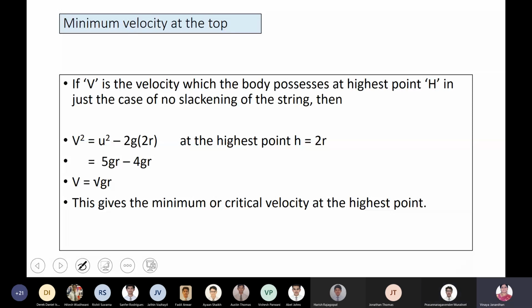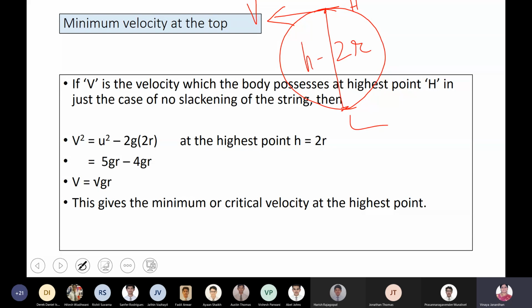Okay, boys. Minimum velocity of the particle when it reaches the highest point. Let the velocity be equal to capital V, at a height of h, which is 2r.